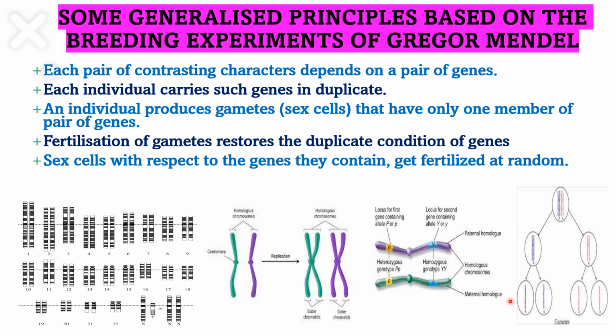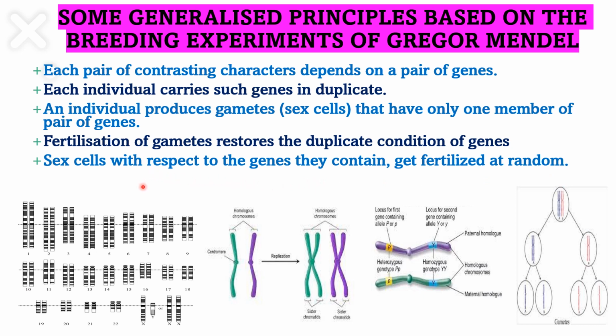In gametes, there is only one member of a pair of genes, but after fertilization of gametes from different parents, the duplicate condition of genes will be restored. Sex cells with respect to the genes they contain get fertilized at random.